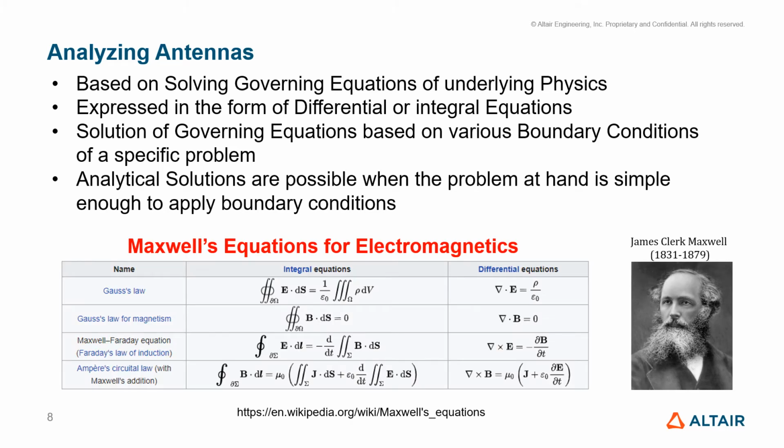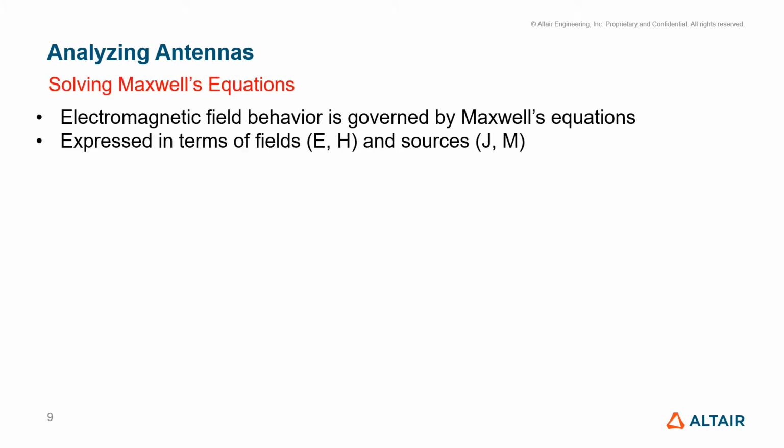So the governing equations, obviously, as we mentioned before, are Maxwell's equations. I'm showing here in the middle column the integral form of them, and of course the left-hand side, right-hand side, the differential equations by Maxwell. So electromagnetic field behavior, as we know, is governed by Maxwell's equations. It can be expressed in terms of electric and magnetic fields and the sources, J and M, that is electric current and magnetic current.